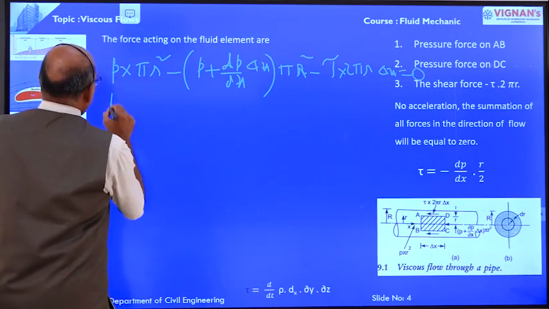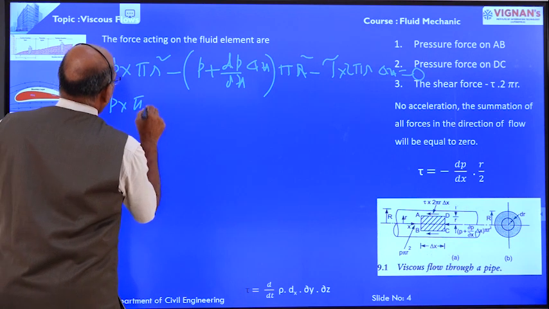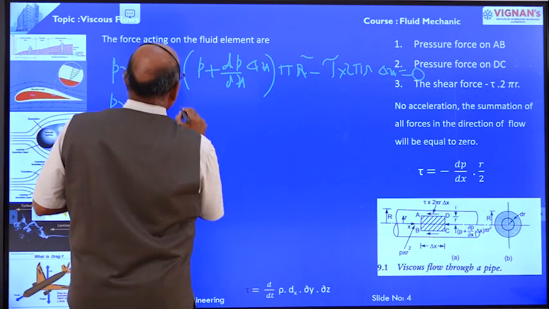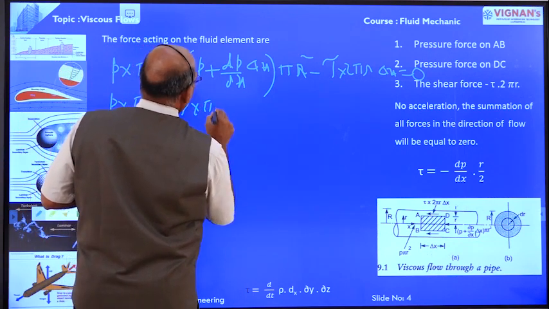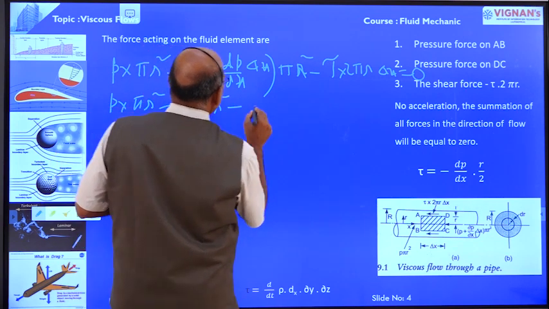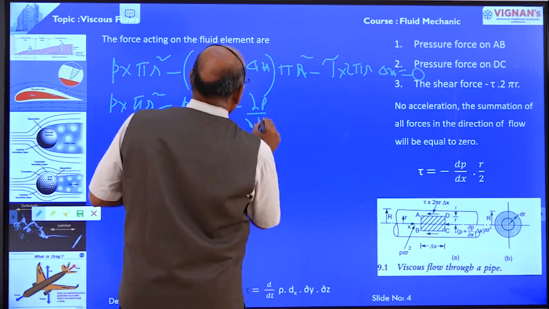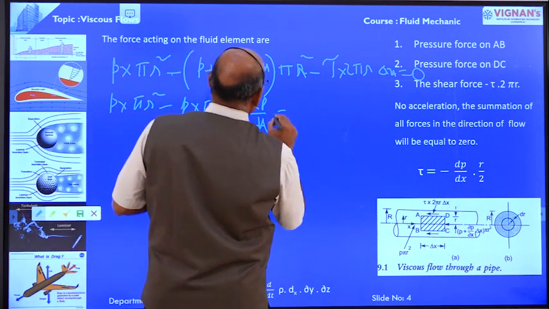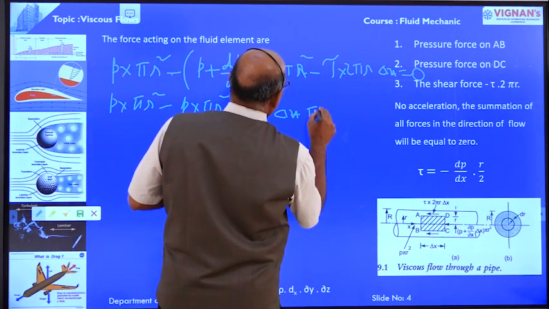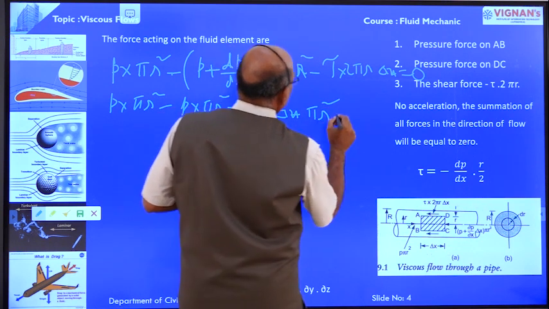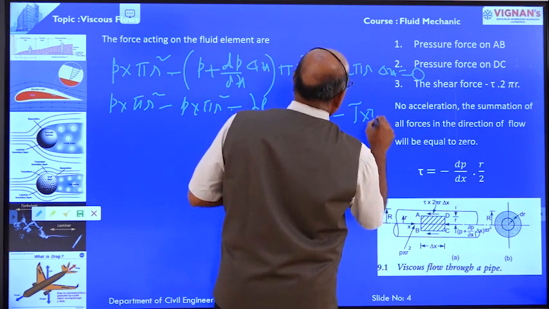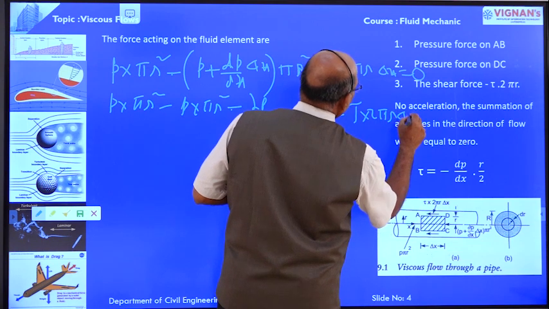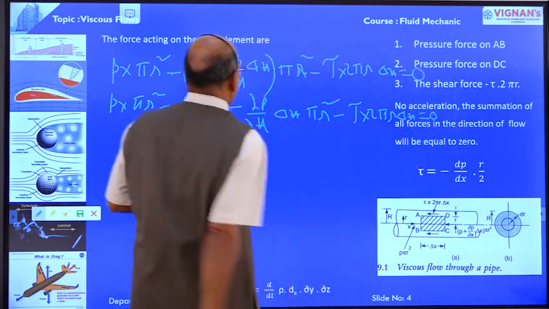This is p pi r square minus p pi r square minus dou p by dou x delta x pi r square minus tau into 2 pi r delta x is equal to 0.